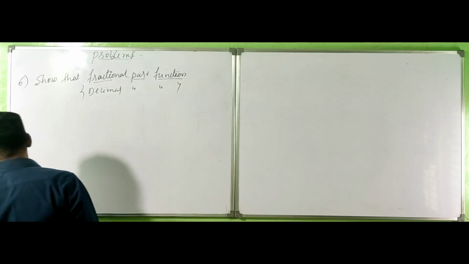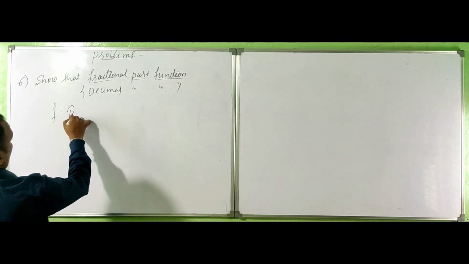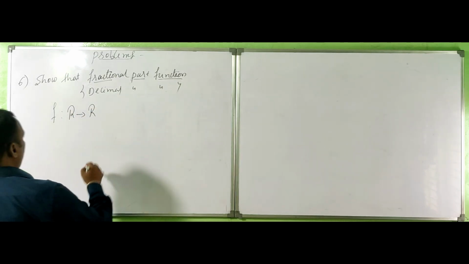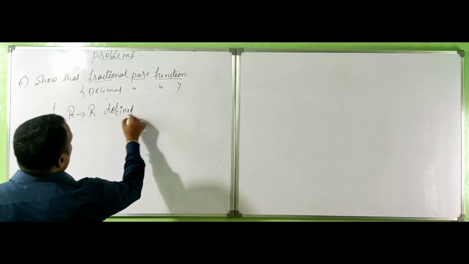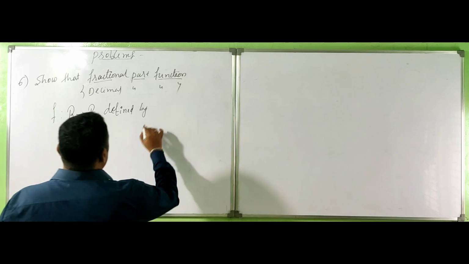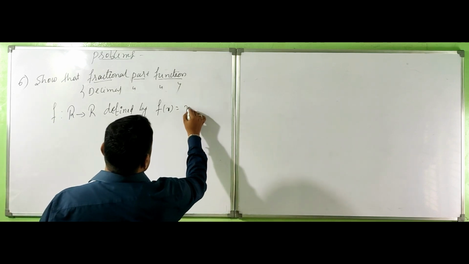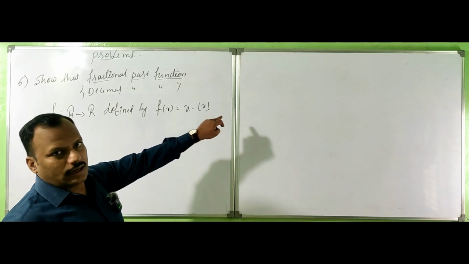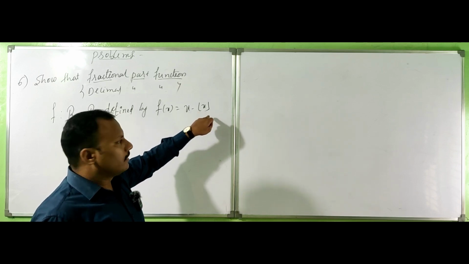f defined from R to R by f of x is equal to x minus the integer function. This is the bracket.